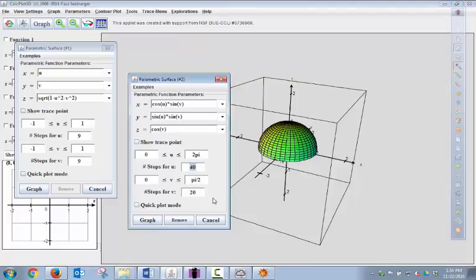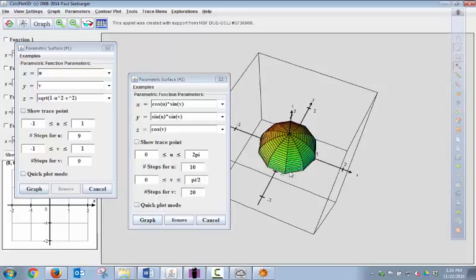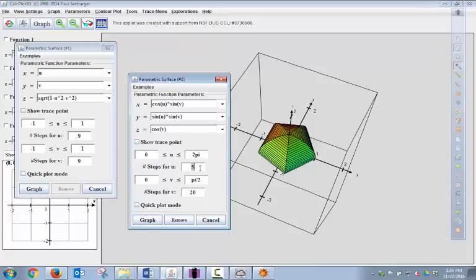If I let my theta go around 10, this is going to look really bad, it's going to have 10 partitions. If this is 5, then it's going to look like a pentagon because there are only 5 partitions. So the more you have, the finer it's going to look.